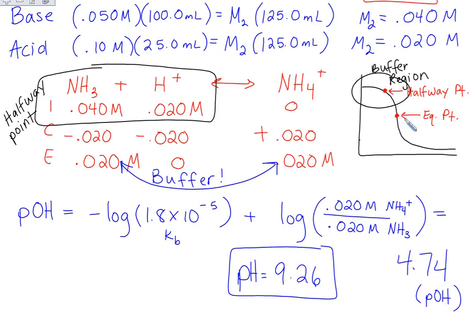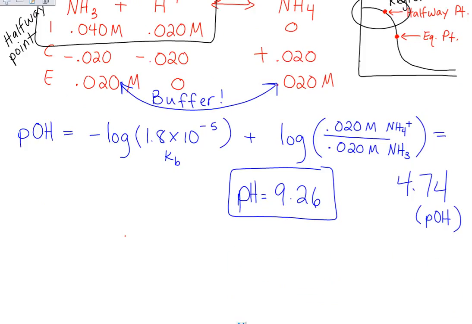The other thing that we should make note of at the halfway point, you might have noticed this, and this is always going to happen. In this one, we could say the pKb will equal the pOH.